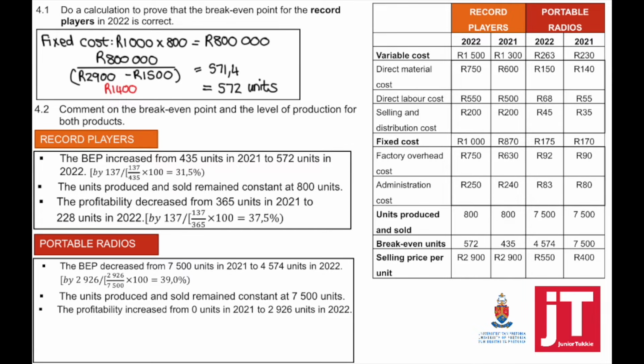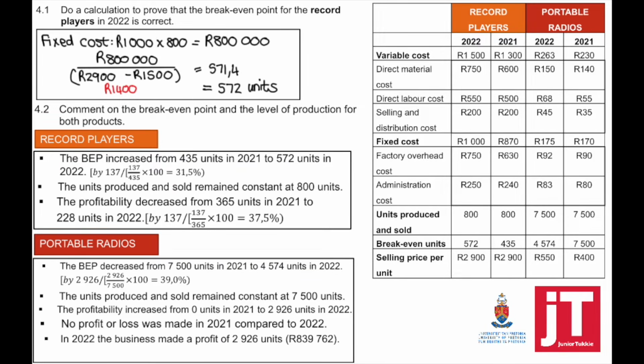The units produced and sold remained the same from 2021 to 2022 at 7,500 units, which means that the profitability increased from 0 units in 2021 to 2,926 in 2022. No profit or loss was made in 2021 compared to 2022 because the units produced and sold were exactly the same as the break-even units.